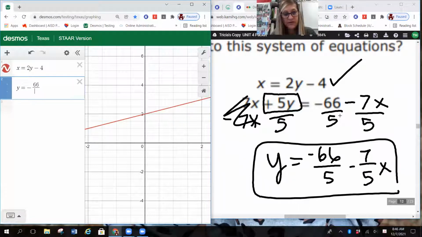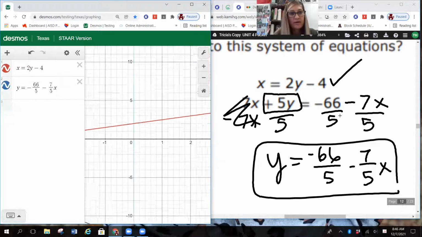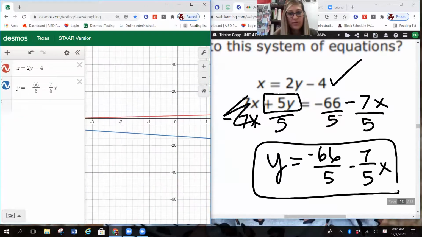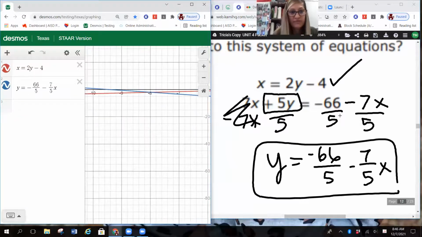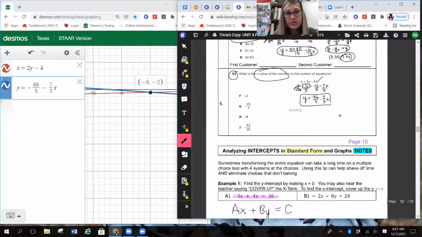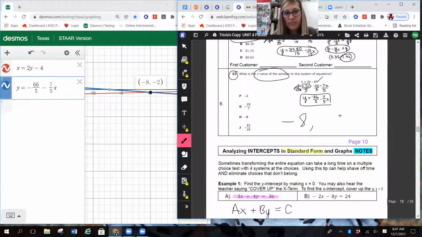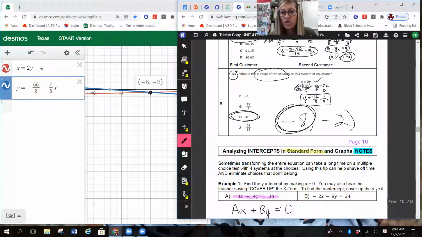Negative 66 divided by 5. Make sure you're typing in all the minus signs. Zoom out. Can't see it. Oh, they're intersecting at a negative place finally. So the answer to the system is -8, -2. They only care about the x, and the answer is H.